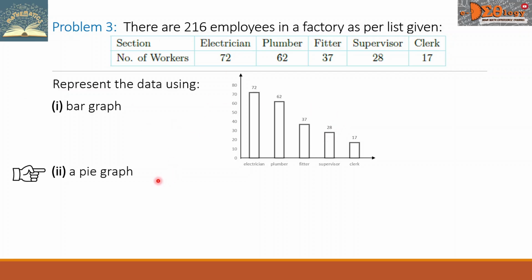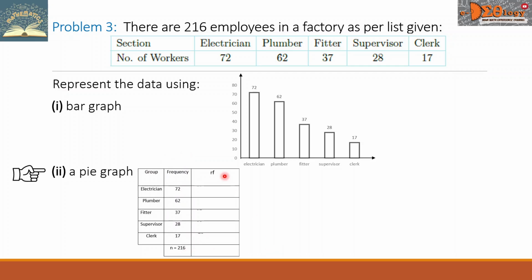What about the pie graph? Let's put this in another table, a vertical one. Then the total is 216. Then we write the relative frequency. And the formula is F over N times 100. This is in percent.